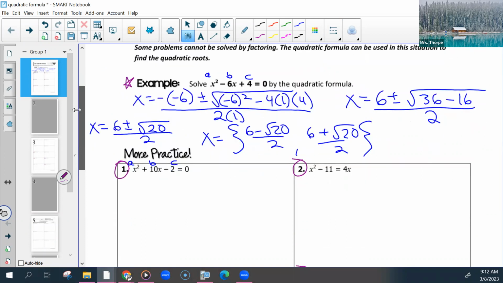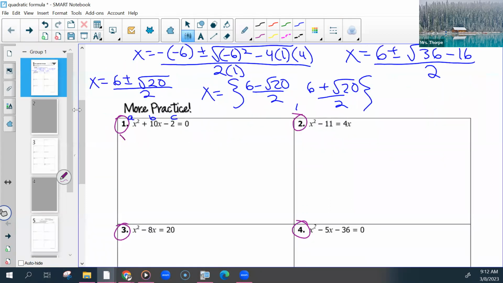So we would do x equals negative B plus or minus the square root of B squared. You can put the parentheses, you don't need them for this one since it's already positive. Minus 4 times A, which is 1, times C, which is negative 2, all over 2 times A.